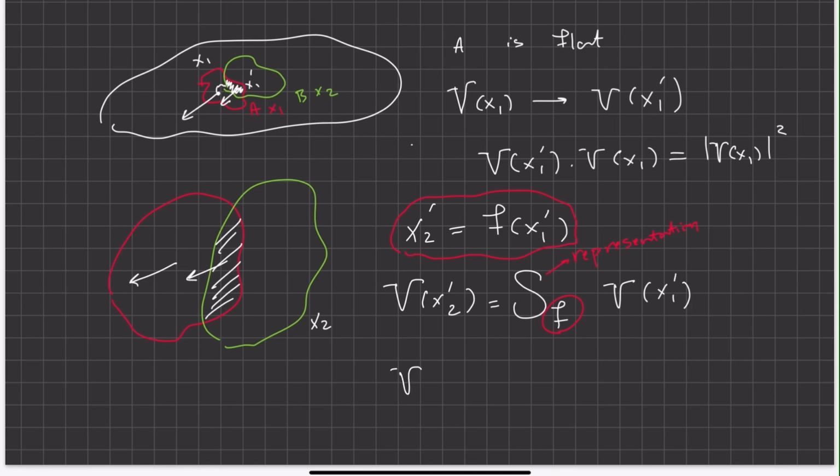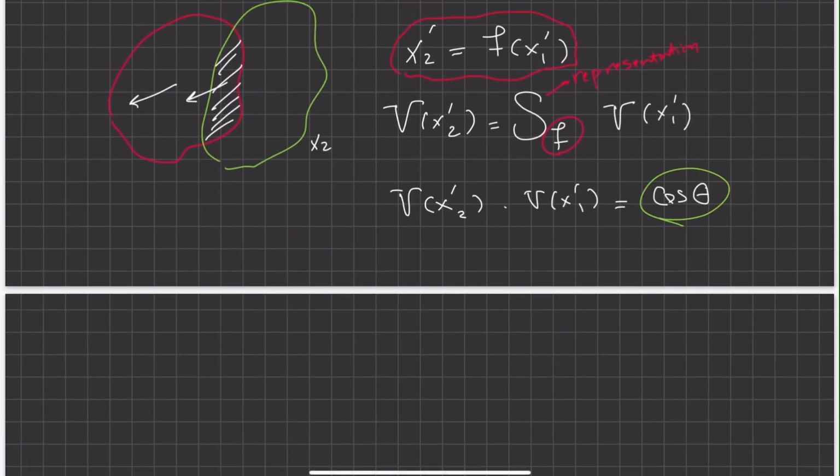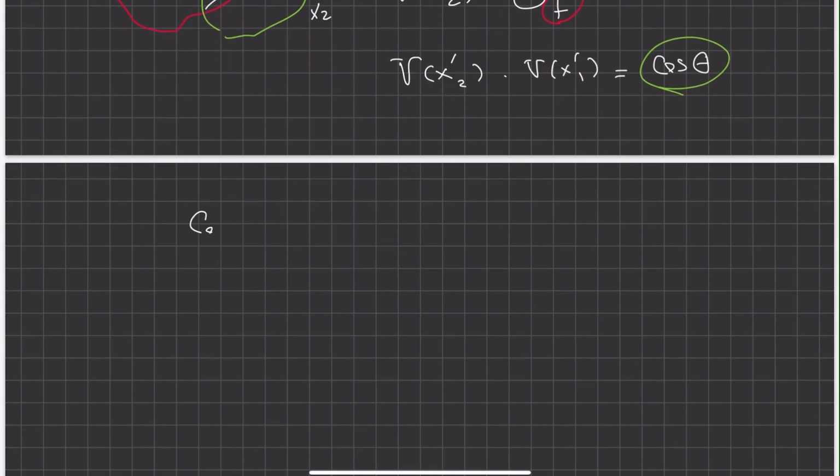And now if I calculate the inner product of v of x prime 2 dot v of x prime 1, I'm going to have some cosine of theta, and that's the rotation because of some intrinsic property that is encoded in the coordinate transformation. For example, if I have this coordinate transformation between x1, x2, any function can define some geometry or curvature or even a gauge field in many cases.